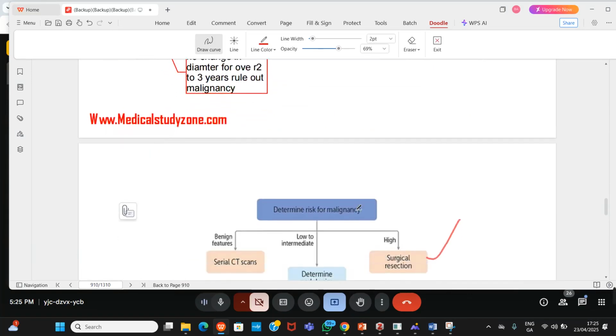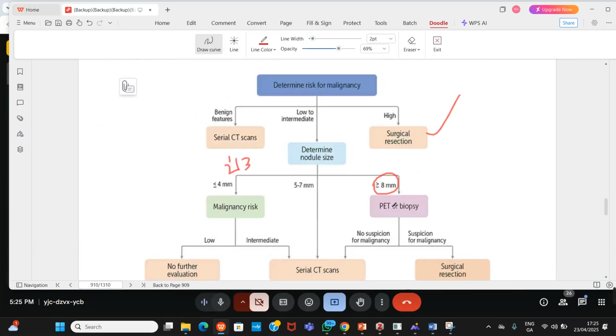So, you now stratify. You calculated everything. You are now getting 3 or more. The side where you get 3 or more, that's what you are going to be working with. If I get 3 or more under high, that means that person has a high risk of having a malignancy. I go and do surgical resection.